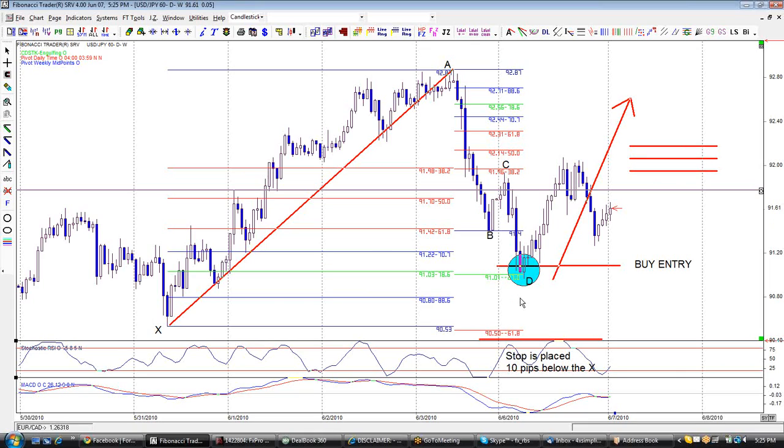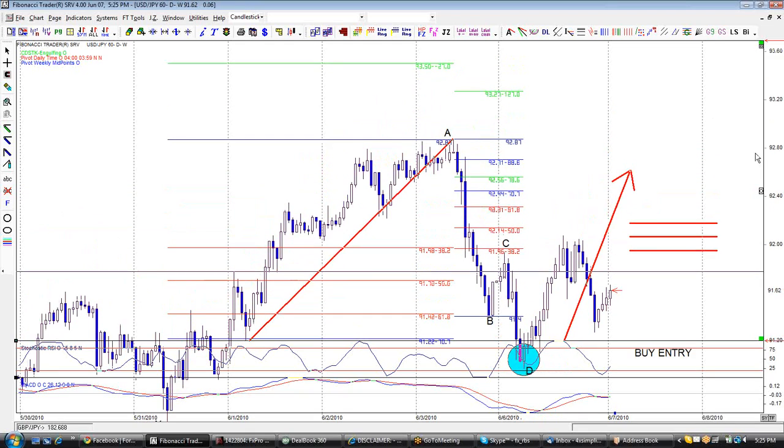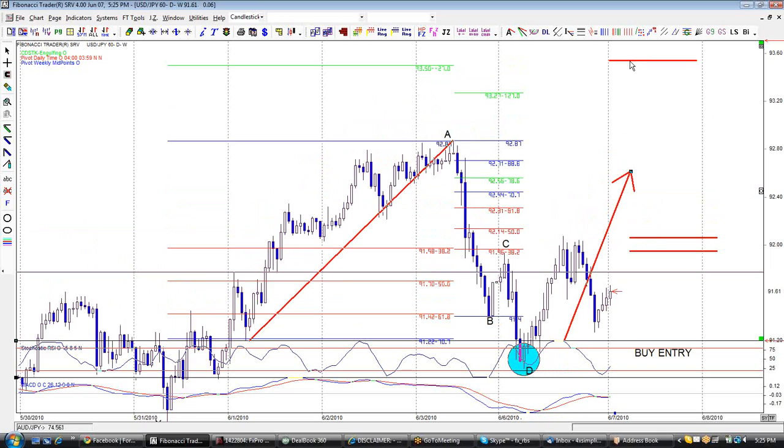Now, why do we need different limits, multiple positions? Why don't we just place one at the top with the entire amount of money that we can put on the trade and just wait for the market to go all the way up there?